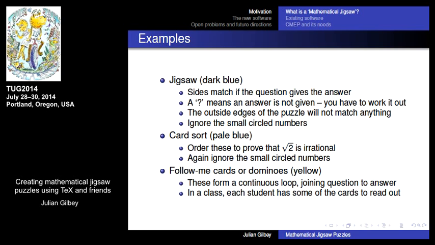You're my guinea pigs, right? I've got a 4 to the 8, 4 to the 4th times 4.